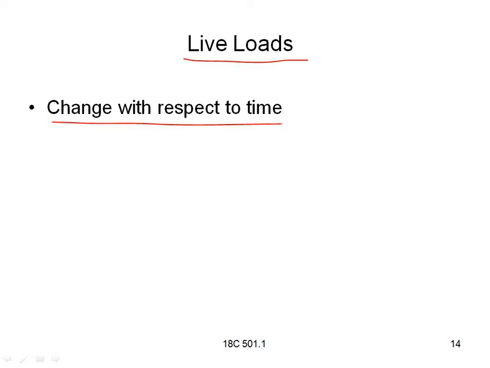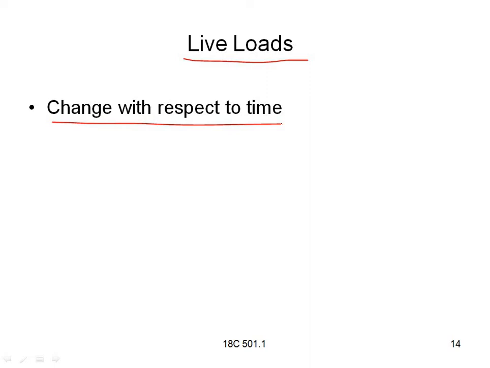If persons or any other items are kept on the slab, or any loads are moving on the structure, that is called live load. So persons or any other items which are kept are called live loads.